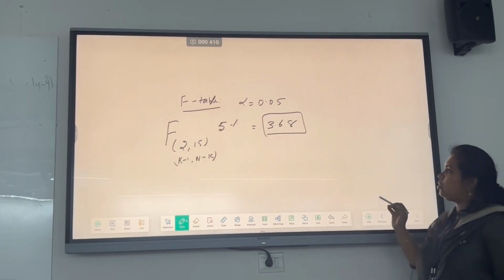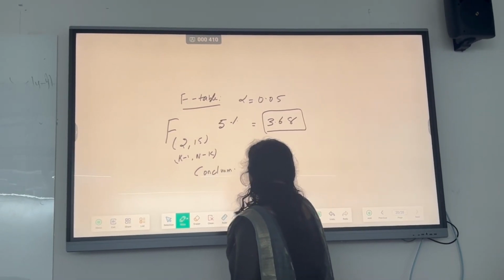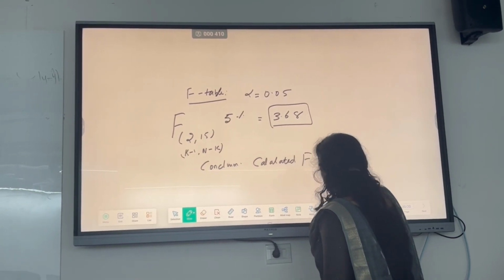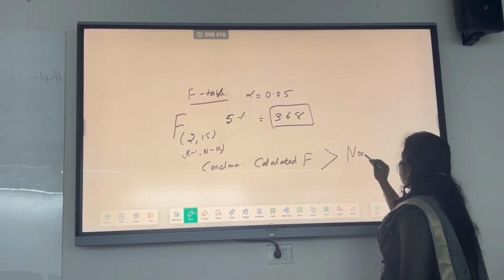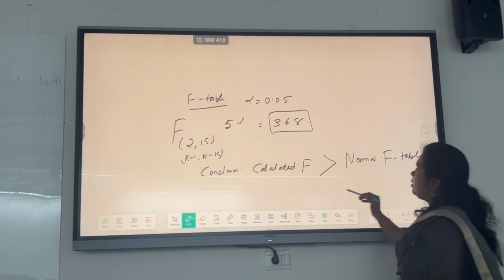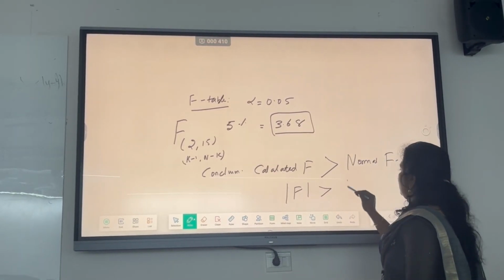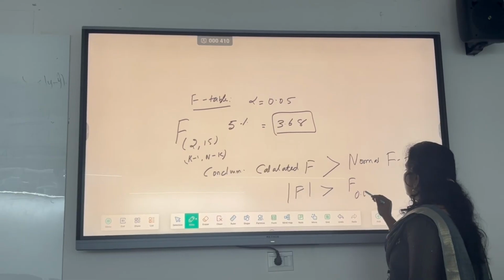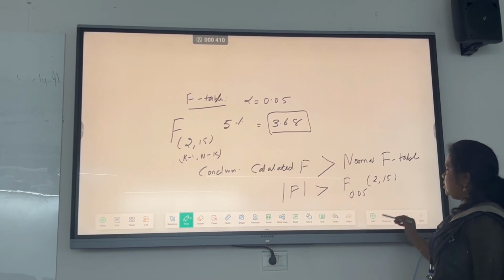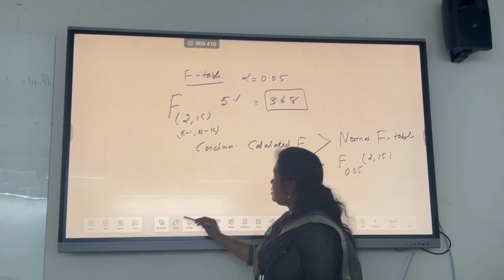Now we come to the conclusion that the calculated value of F is greater than the table value of F. So we write, modulus F is greater than F of 0.05 at 2, 15 degrees of freedom, which means the null hypothesis H naught is rejected.